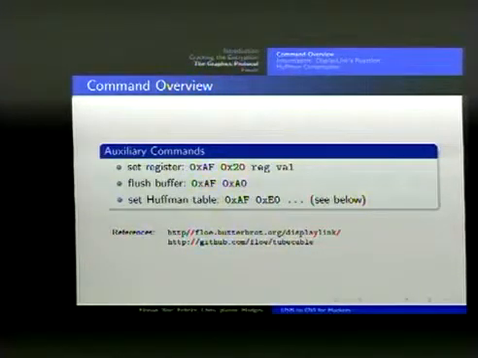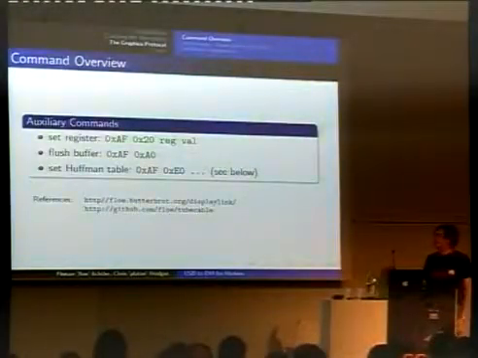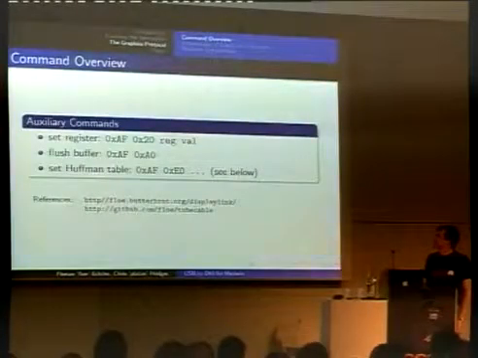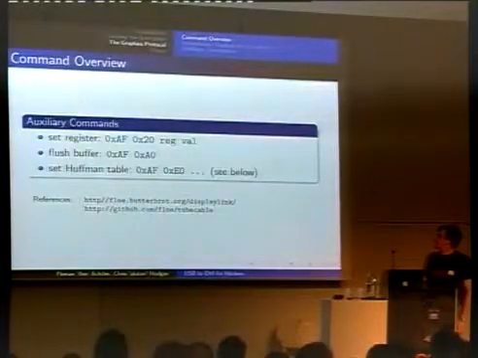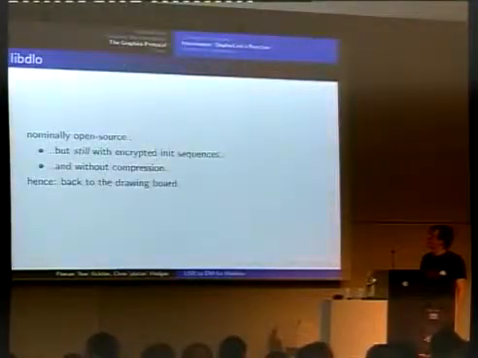So these are the blanking, offset, and so on values. There's a flush buffer command, which probably causes all queued commands to be executed. And there's one very important command which sets the Huffman encryption table. Yeah, as I said, if you're interested in more details, please see the references. Otherwise, I think it would be pretty boring.